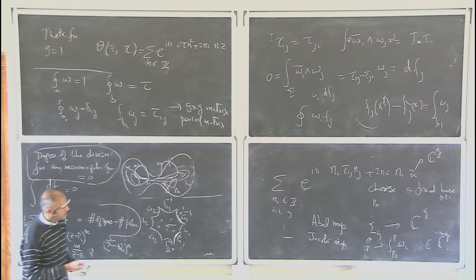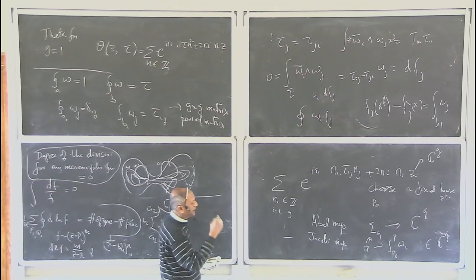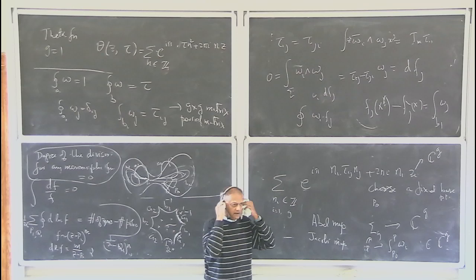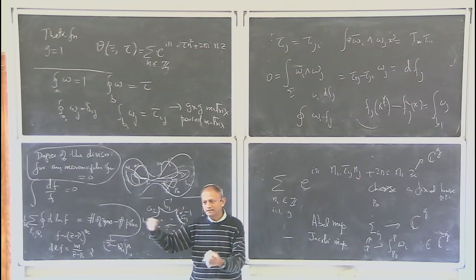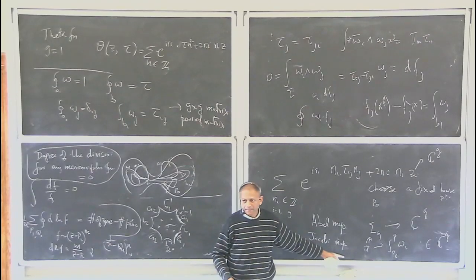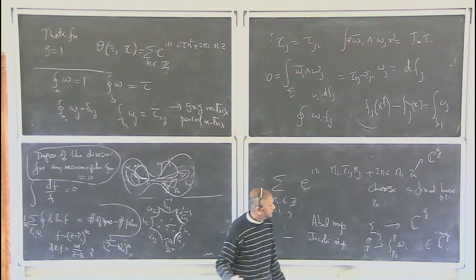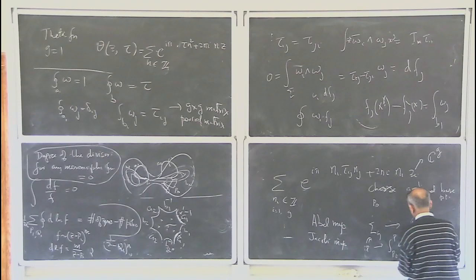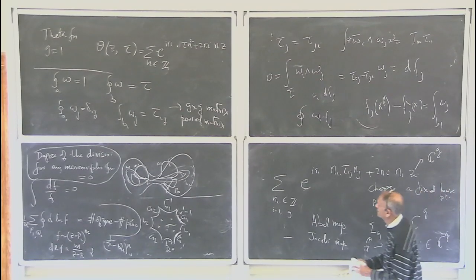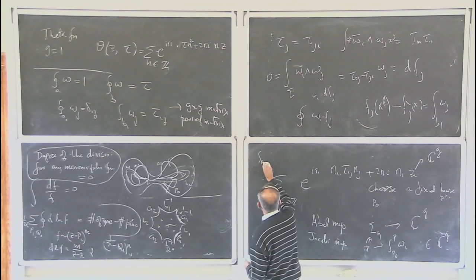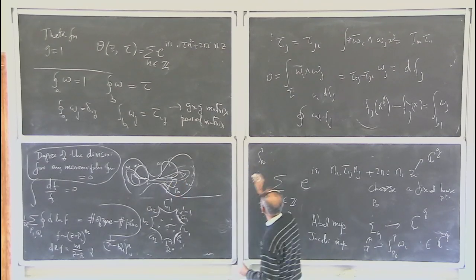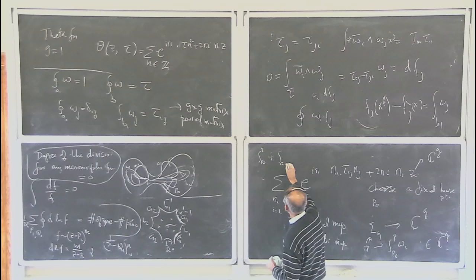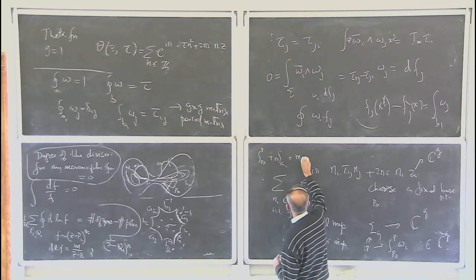So given any path like that, I could add to this path any number of A cycles and B cycles. I could go several times around different A cycles and B cycles and come back to point P. What will be the ambiguity? A general path would be: choose a fixed path, plus any number of A cycles, N_i, plus any number of B cycles, right?